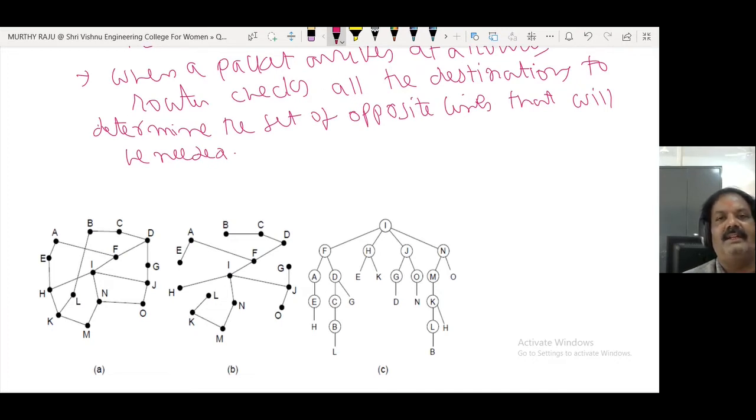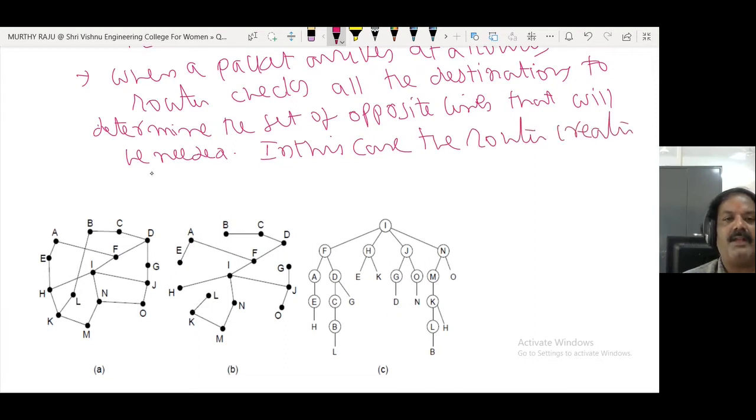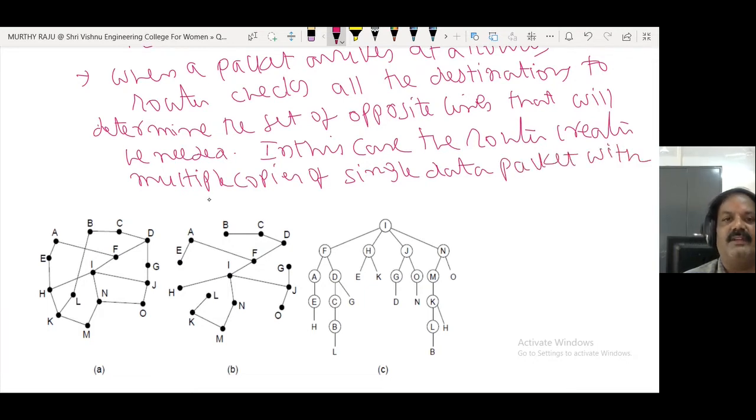Generally, in the multi-destination routing method, the router creates multiple copies of a single data packet with different destination addresses.